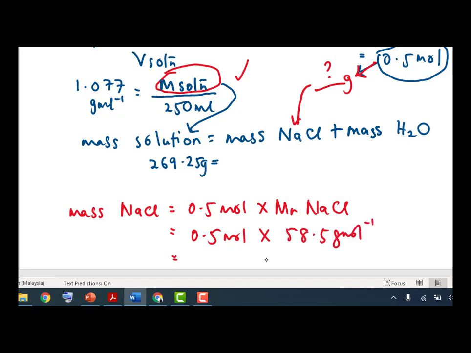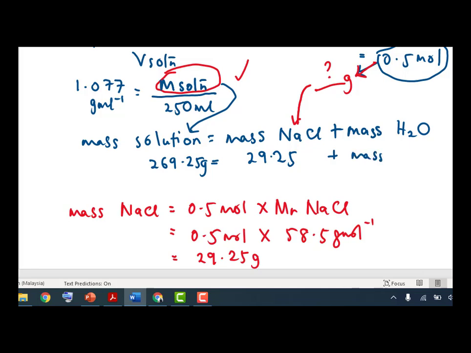So the answer is 29.25 gram. That is your mass of NaCl. You insert it here, 29.25 gram, right? So of course you can calculate the mass of water.